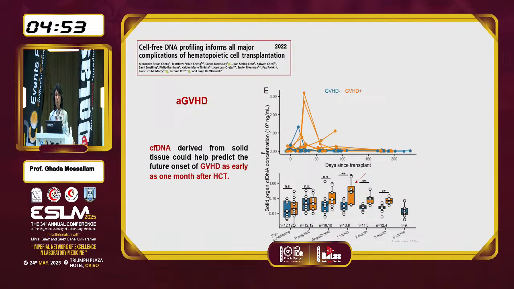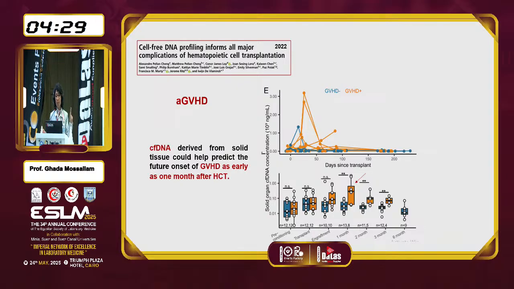This study reported that the cell-free DNA level was elevated in patients with acute graft-versus-host disease compared to healthy controls as early as 1 month after transplantation, before the development of frank acute graft-versus-host disease.